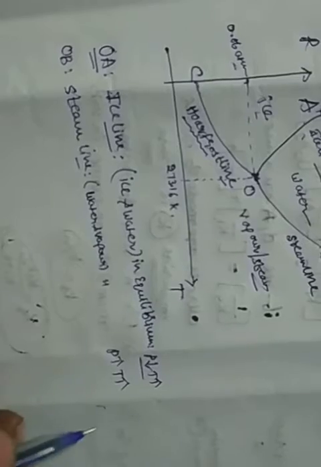OB is called the steam line. Here water and vapor are in equilibrium. Pressure increases with the temperature increase.